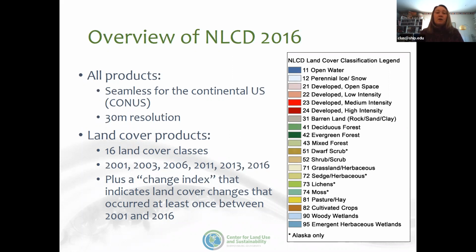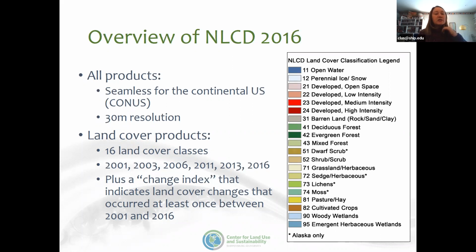All of these products within NLCD 2016 are seamless for the continental US and are at a 30-meter resolution. The land cover maps have a more refined timeline. So we have 6 time steps: 2001, 03, 06, 11, 13, and 16.